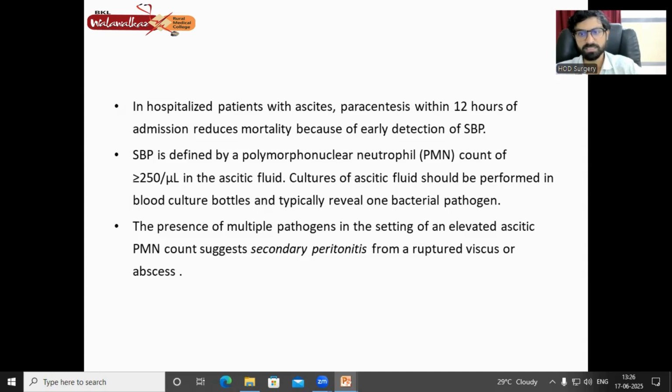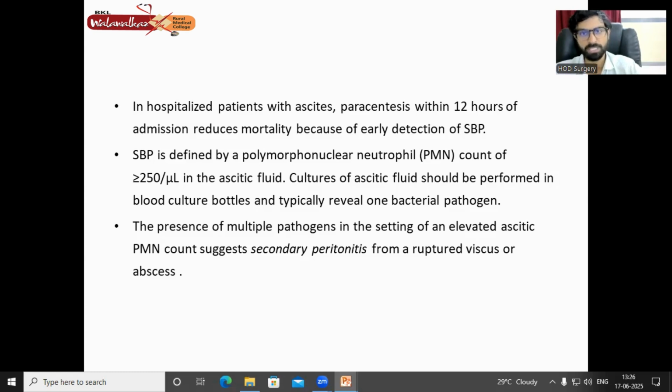SBP is defined as an absolute polymorphonuclear count of more than 250 per microliter in the ascitic fluid. Cultures of ascitic fluid should be performed in blood culture bottles, and they typically reveal one bacterial pathogen.